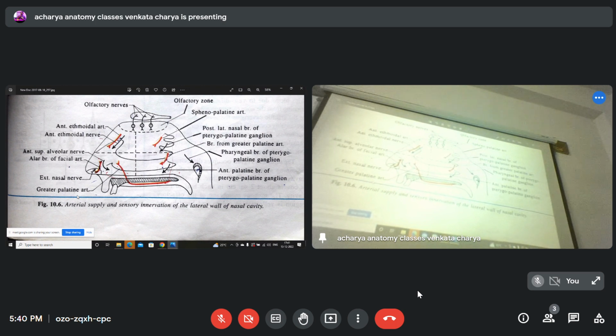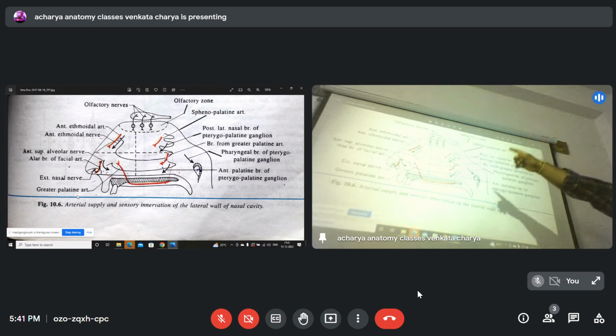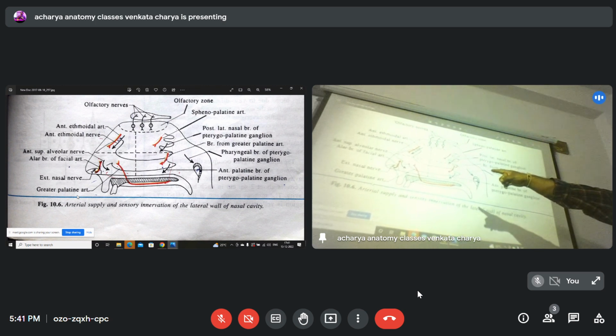Number one, anterior-superior quadrant. Next, anterior-inferior quadrant.